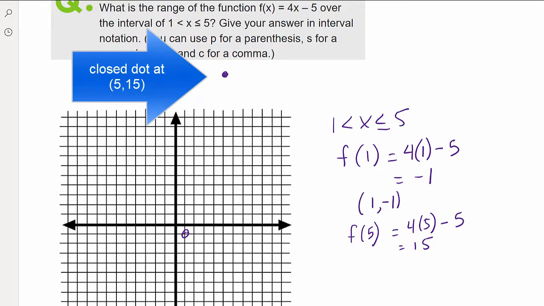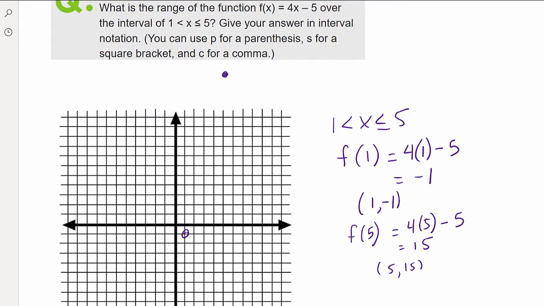We have to include that ordered pair because 5 is part of the domain of this function. And then of course the function itself is a straight line, so just join those two, and I'm doing this without a ruler, so you can see there. Okay, there we go.